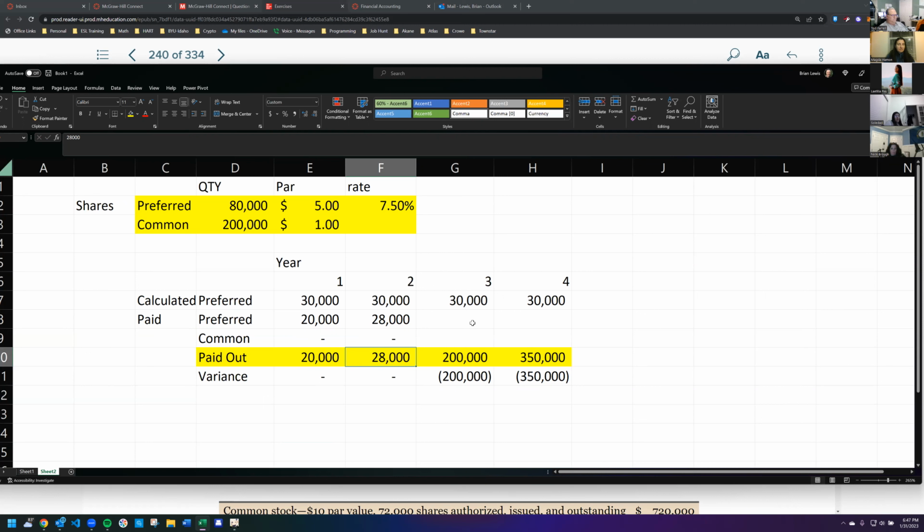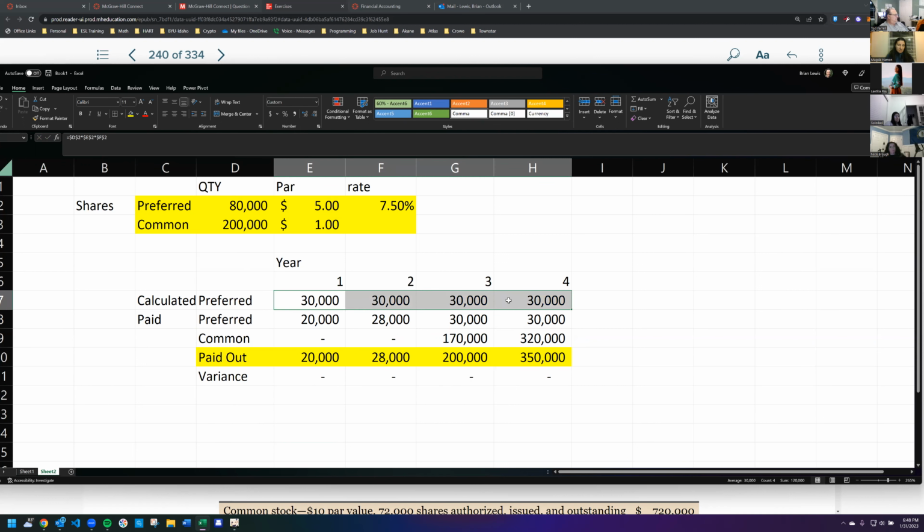In year 3, though, you can pay the full amount, and what's left over is paid to the common shareholders. In this year, same thing, 30,000, and you have leftover 320, and that's what gets paid out.